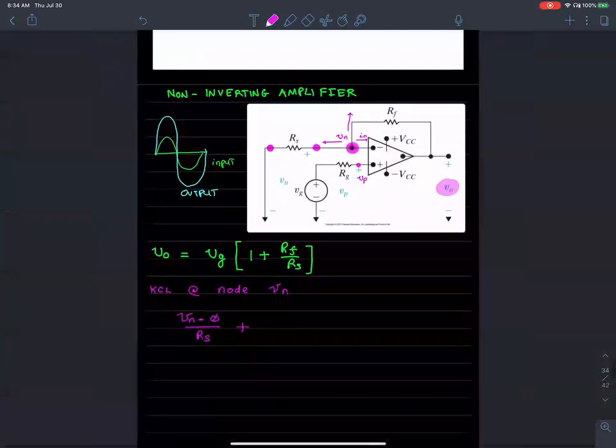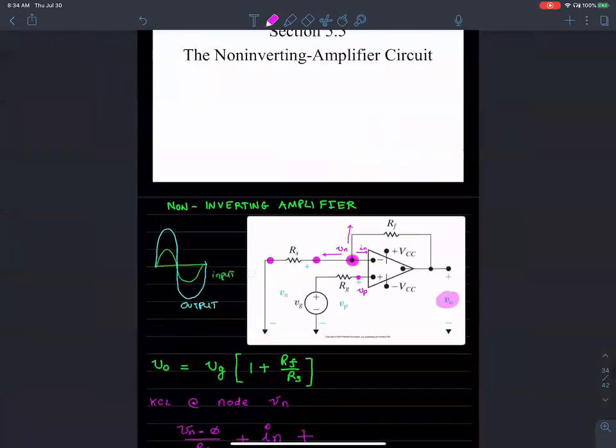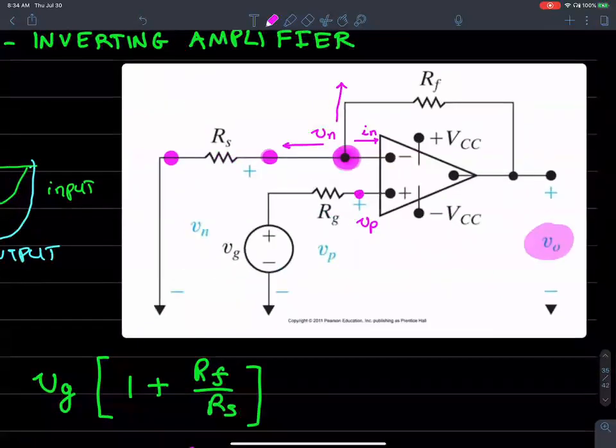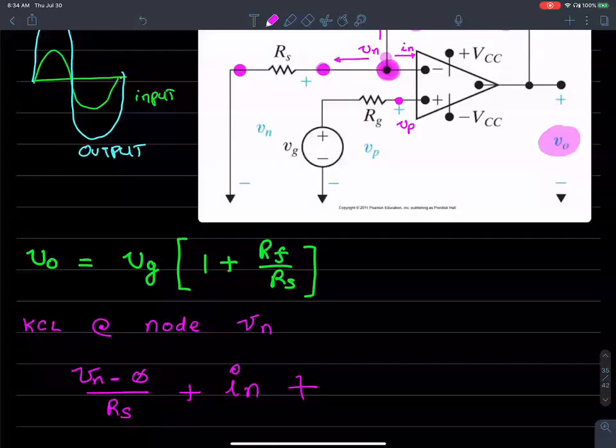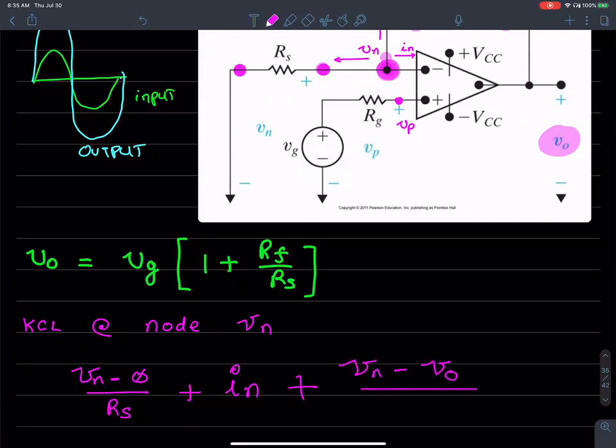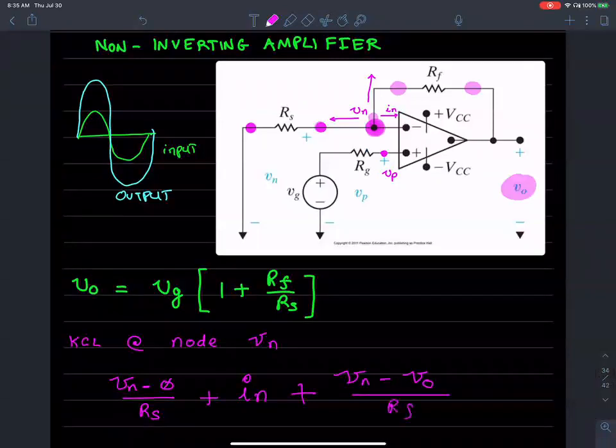Plus the current going up through this branch, which is the voltage at this node minus the voltage at that node over RF, so Vn minus V output VO over RF. All of that should equal 0.